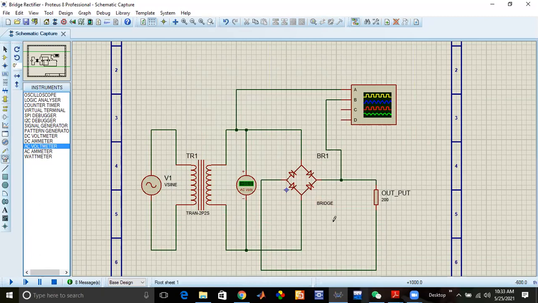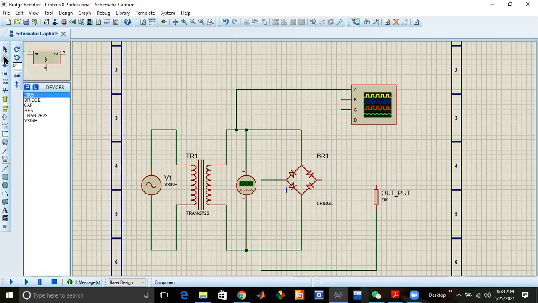So how we will use the capacitor and integrated circuit.